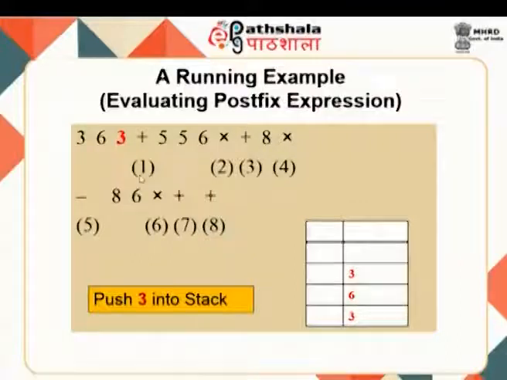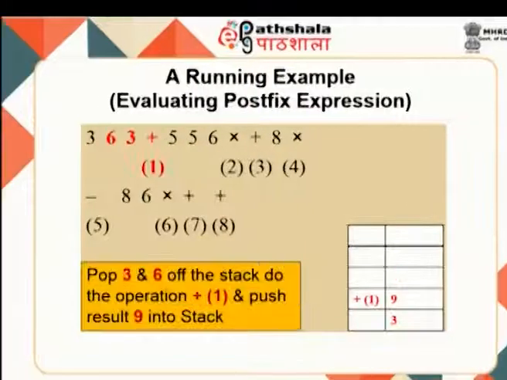I put a notation here as 1 to say this is the first operator that we are encountering. So, what has happened is these two which were on top of the stack have been added, and the result has been put here. So, this is the plus operation: pop 3 and 6 off the stack, do the operation plus and push the result onto the stack.